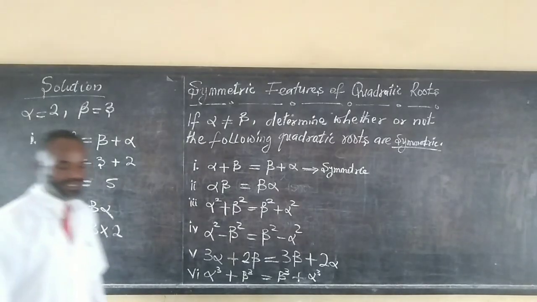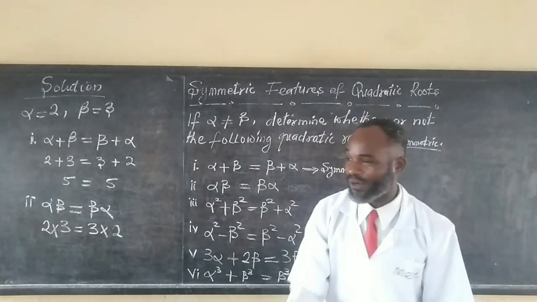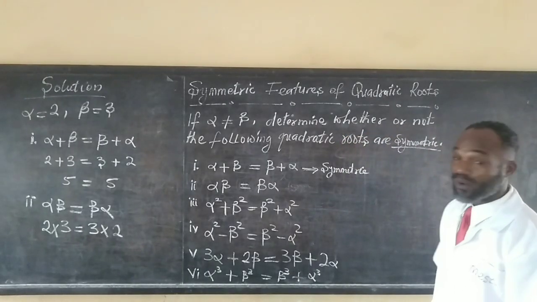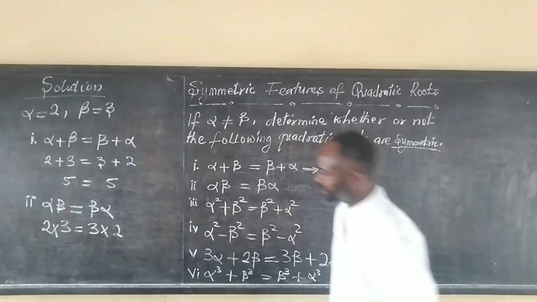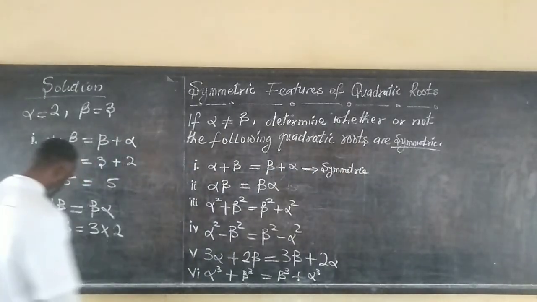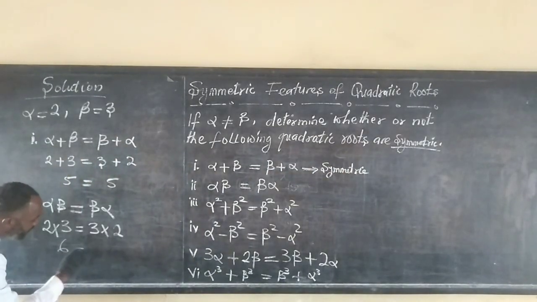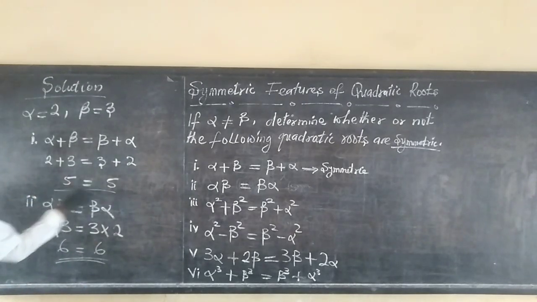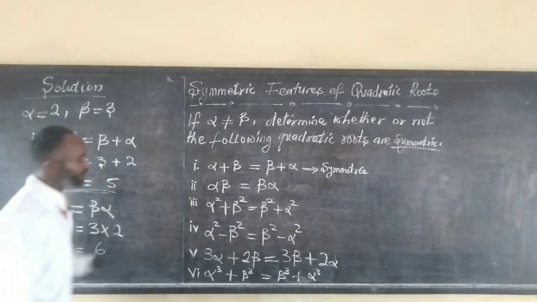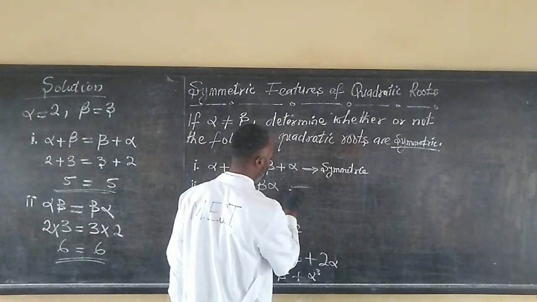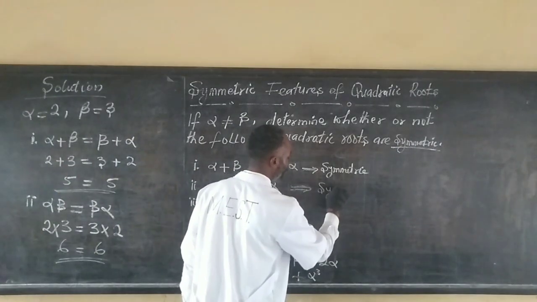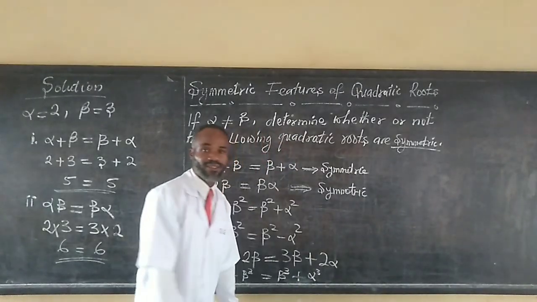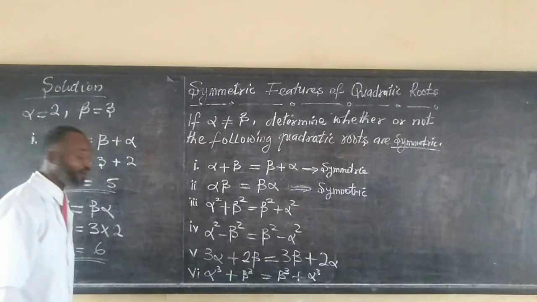Let's see if we can confirm that it's symmetric or asymmetric. 2 times 3 is 6, and then 3 times 2 is also 6. You can see we've also arrived at a symmetric feature. So question number 2 or feature number 2 is symmetric.